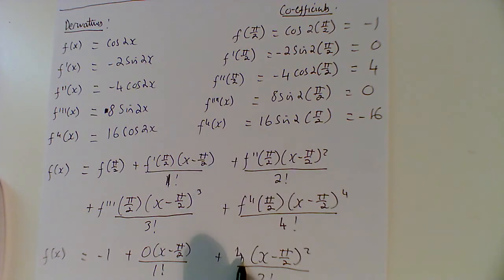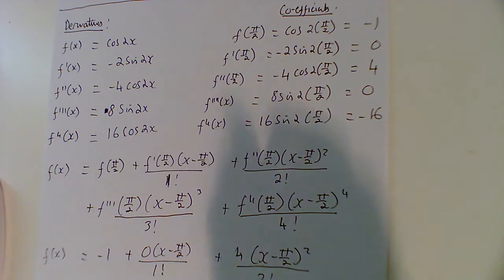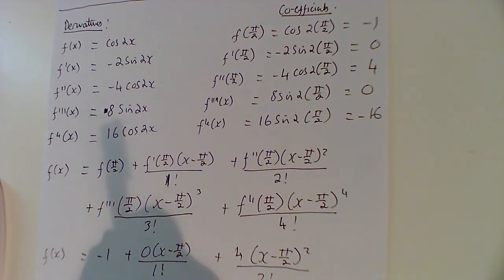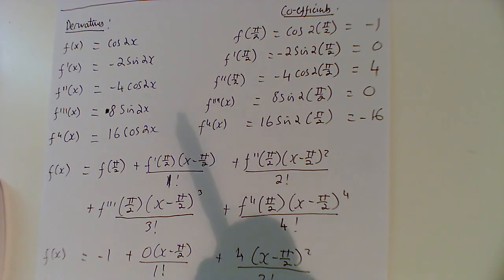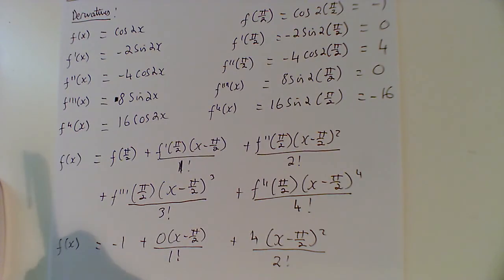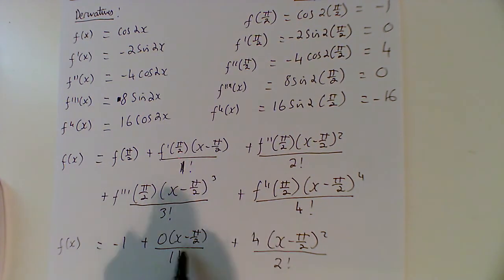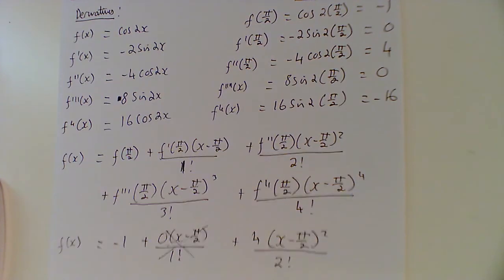F double dash of pi by 2 is 4, so that goes in there. F triple dashed of, sorry, pi by 2 is 0. Right, so let's simplify this. That's going to be negative 1, that's going to be 0, it's 0. Right, so that bit goes away.